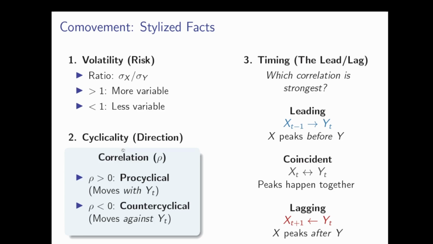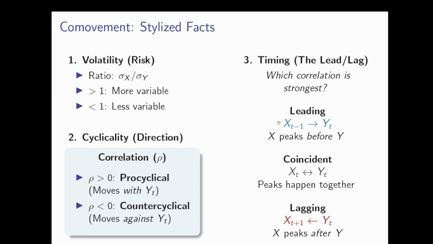Similarly, when trying to determine whether something is pro-cyclical or counter-cyclical, we can just look at the contemporaneous correlations of our two variables. Here, if we have a positive correlation, they're pro-cyclical, negative correlation would be counter-cyclical, and if the correlation is indistinguishable from 0, we would say it's acyclical. The last thing is to look at the correlations with the lag of one variable with the contemporaneous movement in the other variable.